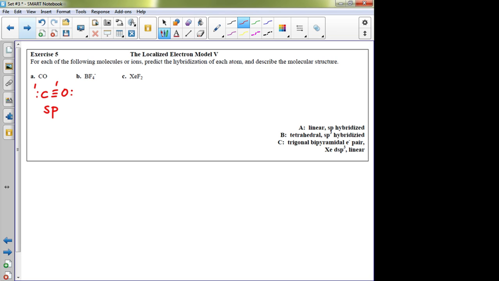We draw BF4 negative. What's the hybridization there? sp3.